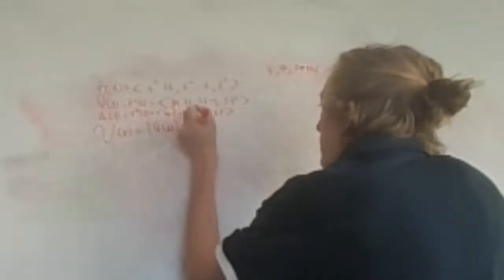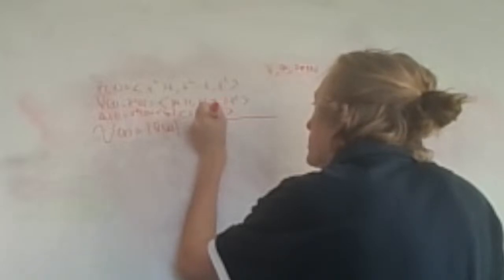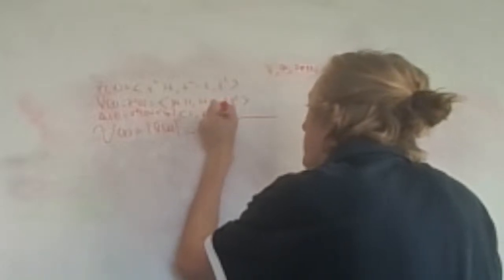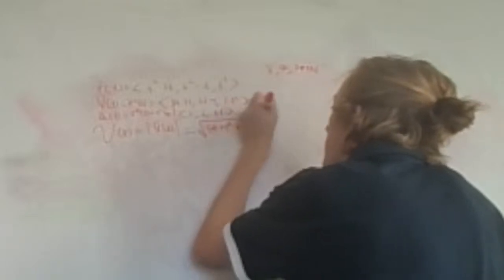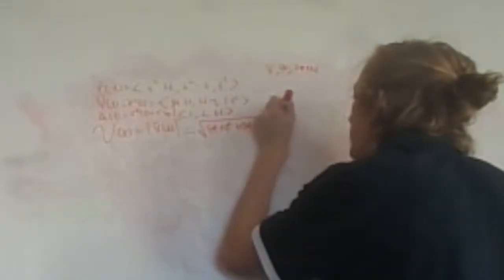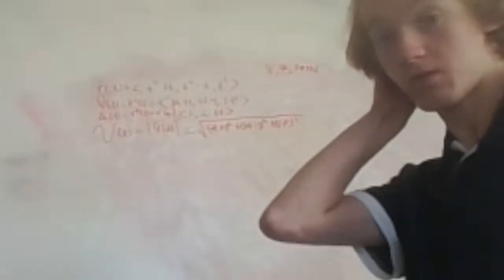So we're going to take the square root of 2t plus 1 squared plus 2t minus 1 squared plus 3t squared all squared. There we go. If we have to simplify, we can't leave it just like that.